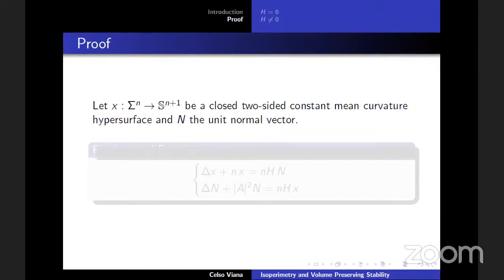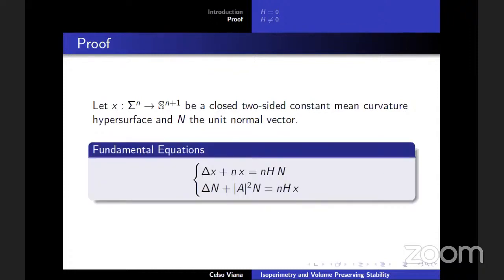So the key idea is to use, of course, the linear structure of the Euclidean space. What we do is look at the pre-image of our surface in the sphere, right? If you look at your surface there, then it's a codimension 2 surface in a submanifold in the Euclidean space. In that case, we have two important vectors there, the position vector field and also the unit normal vector field, okay?